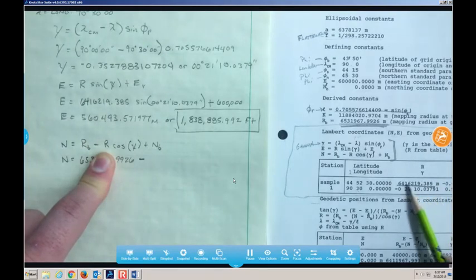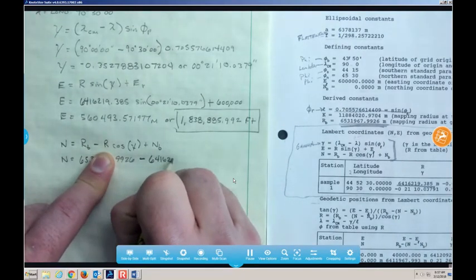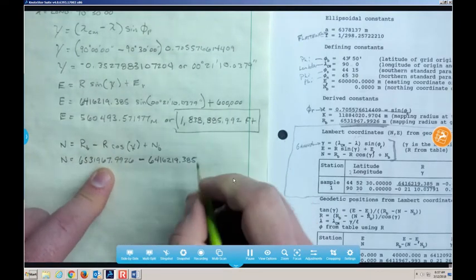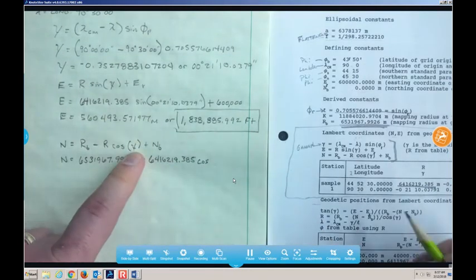And that's from the tables again. R is from the tables. 6416219.385, all in meters, times the cosine of gamma.